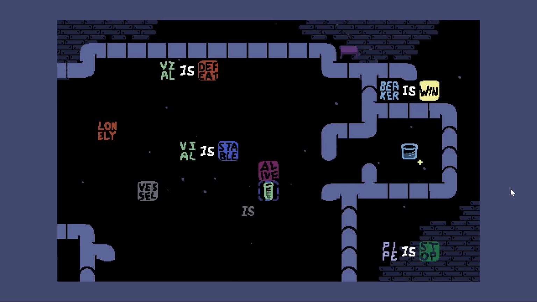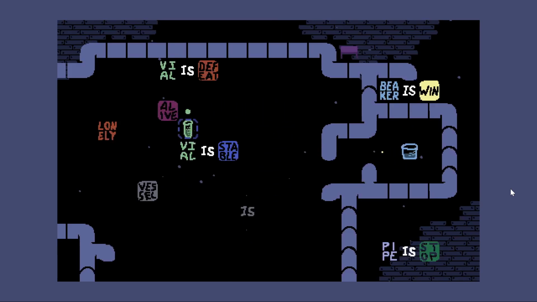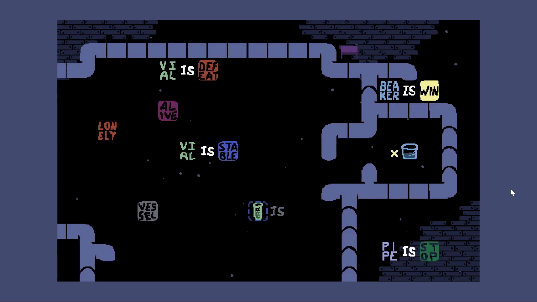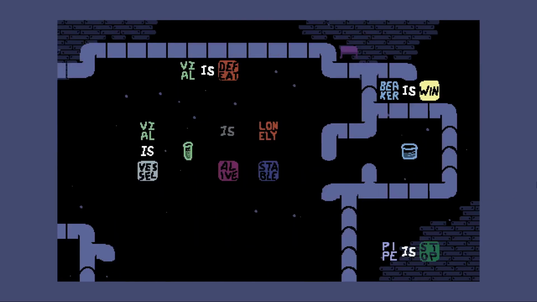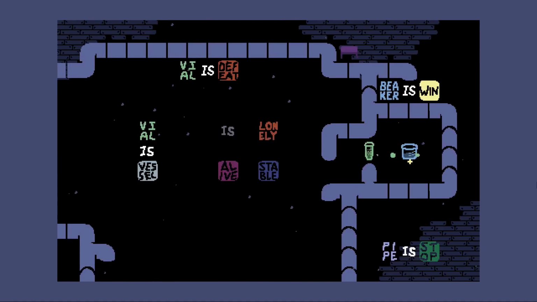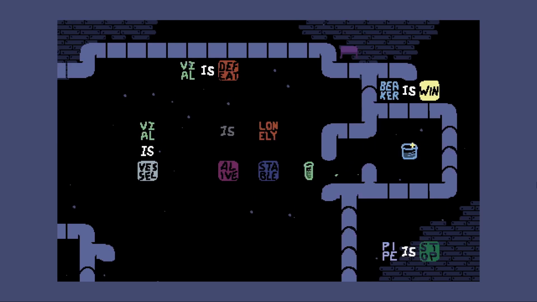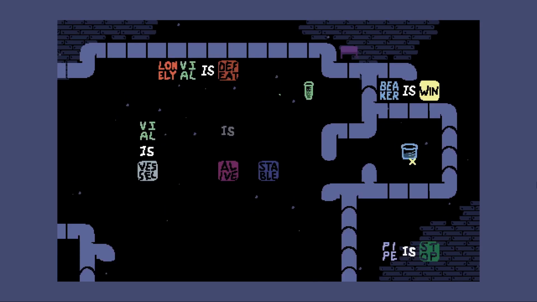What does that mean though? Once I'm in here, I can't really change text. So I need to set up everything outside first and then stand here. The thing is, I want to be alive once I am on the beaker. So I want lonely vial as defeat then.